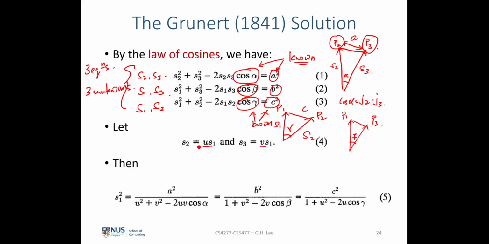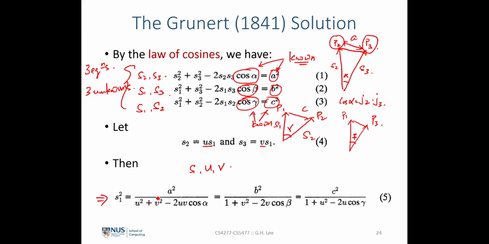So now with S2 represented in terms of S1 and u, and S3 represented in terms of S1 and v, we can substitute this back into these equations to replace S2 and S3. And as a result, we will get three equations in terms of S1, u, and v. And these are the three equations that we get.